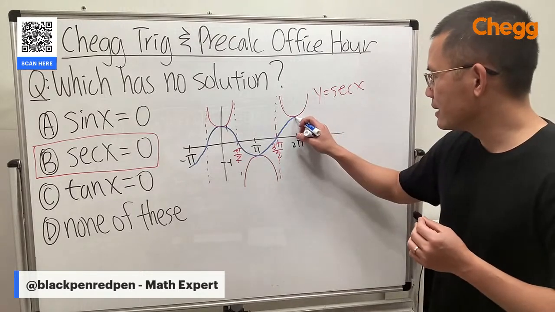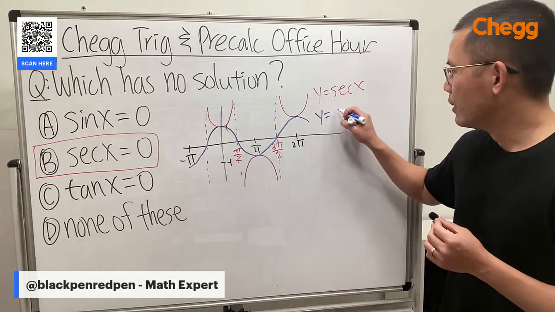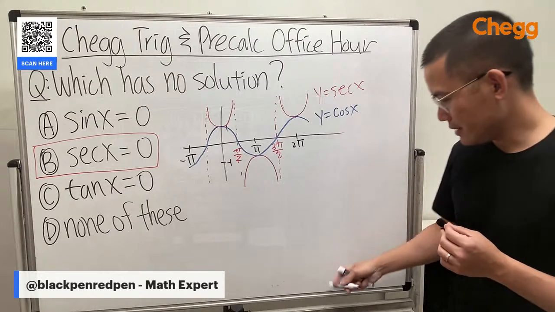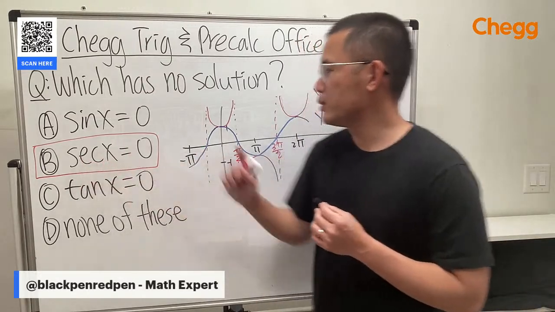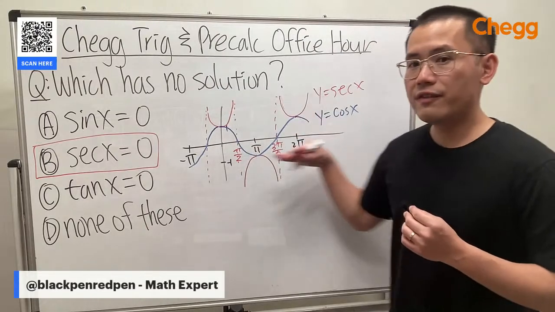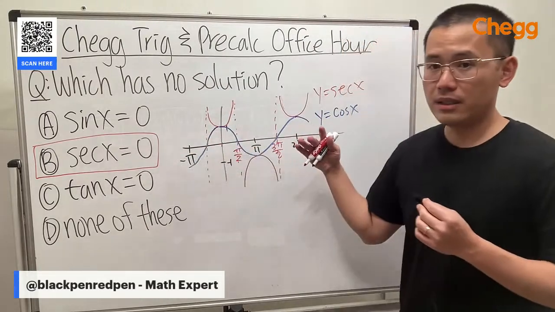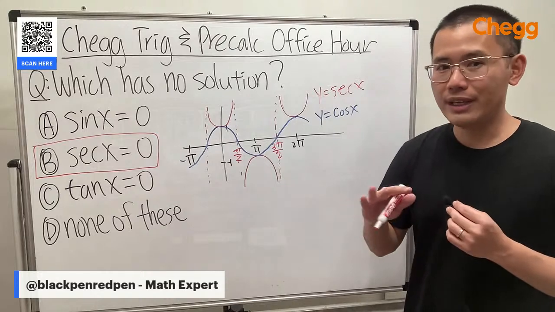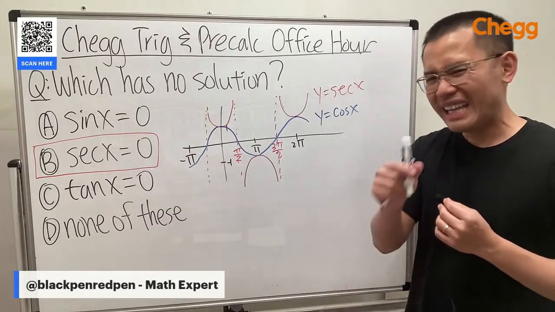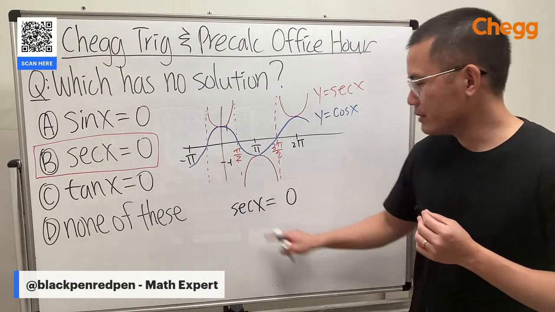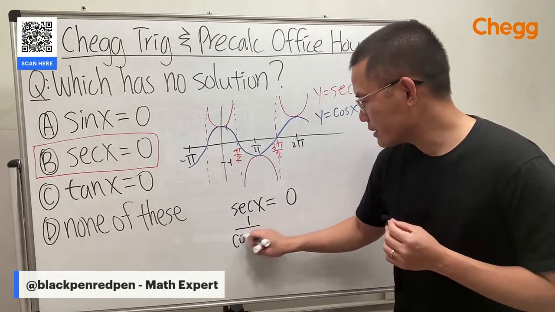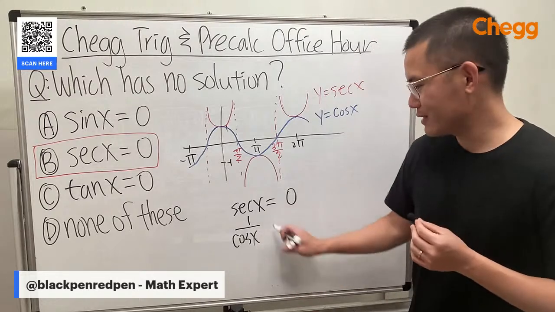The blue one is cosine x. Okay, but anyways, if you look at secant x is equal to 0, the red one never crosses the x-axis, so no answer at all. Another way to look at it is secant x is equal to 0. This is 1 over cosine 0. Sorry, 1 over cosine x is equal to 0.